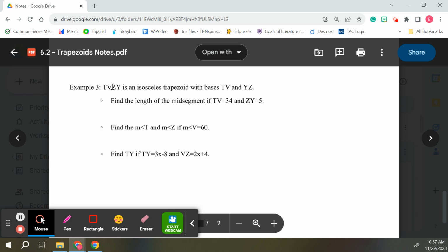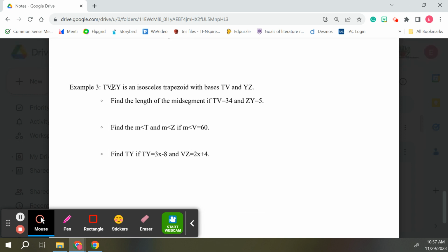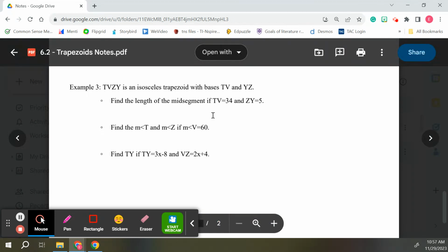Our example 3. TVZY is an isosceles trapezoid with bases TV and YZ. So I'm not going to create the trapezoid this time. We're just going to perform this as it lays. So find the length of the midsegment if TV, so that's a base, is 34, and YZ is 5.